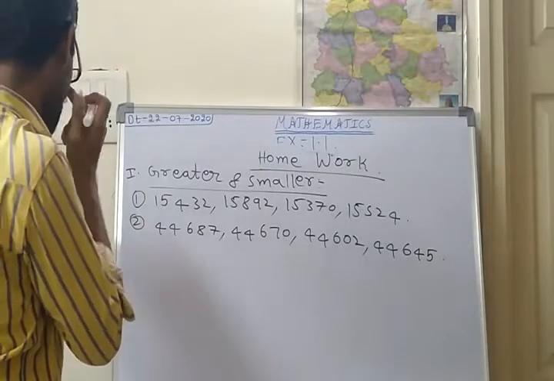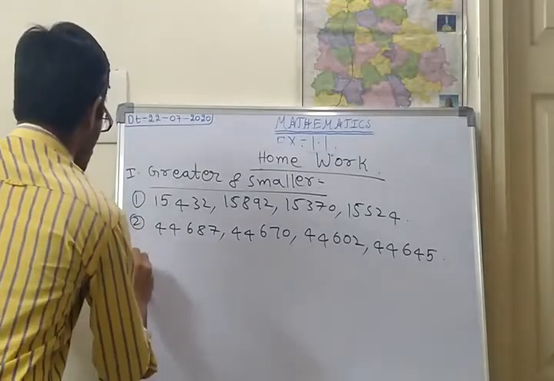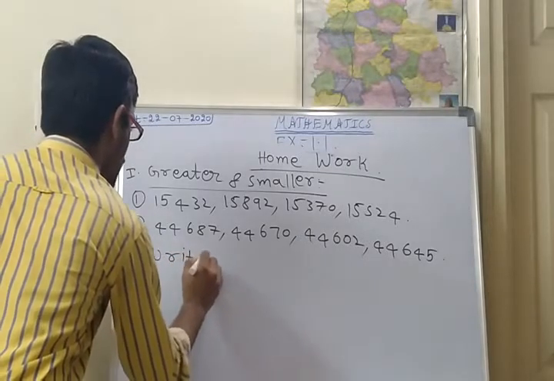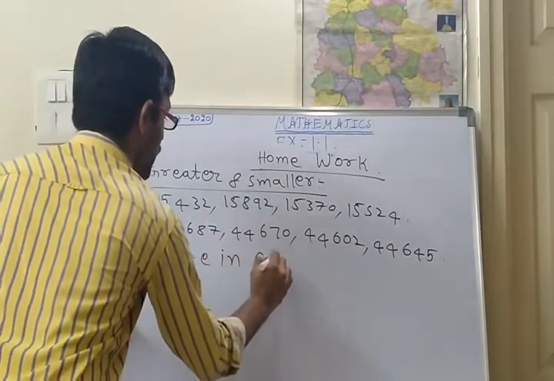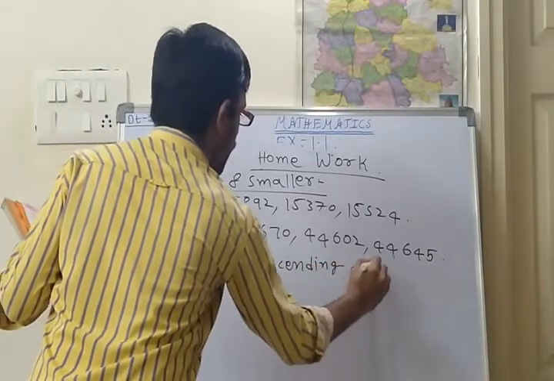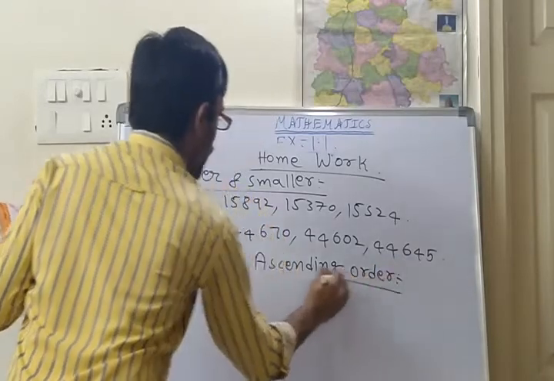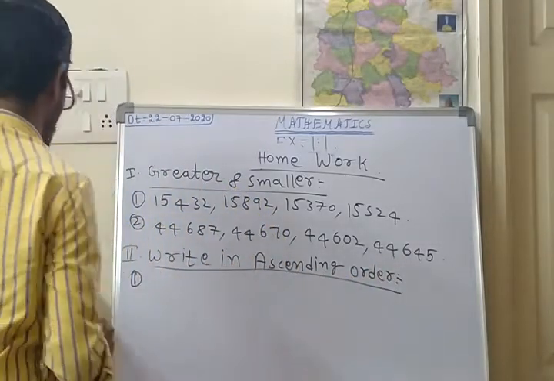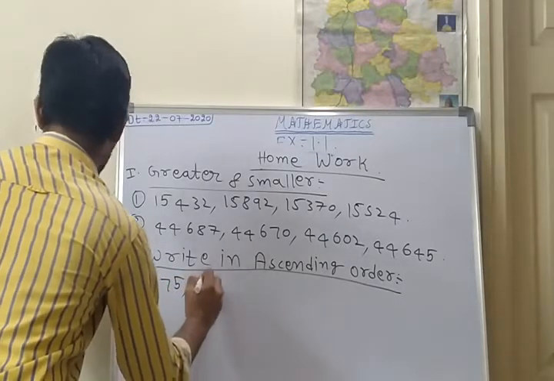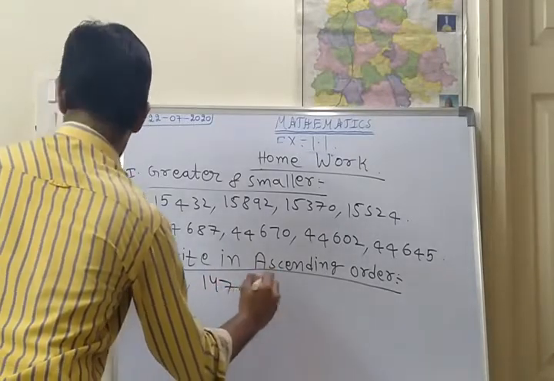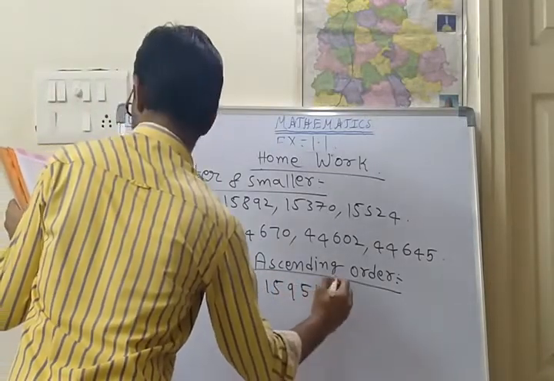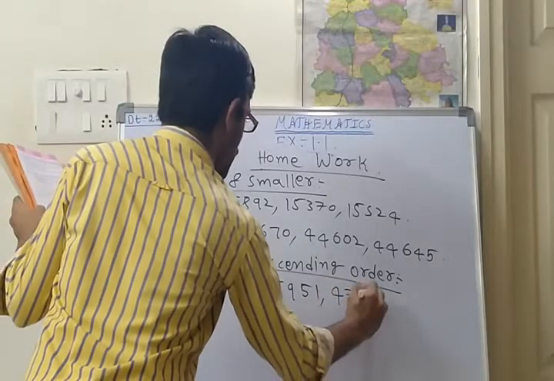So these are the two problems. Next, second bit: write in ascending order. Only one problem: 375, 1475, 15951, 4713.